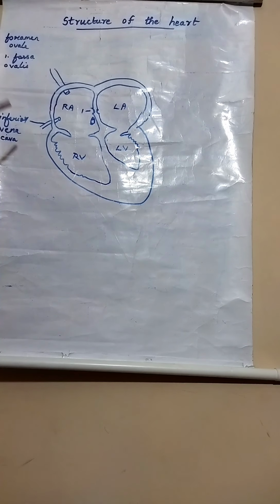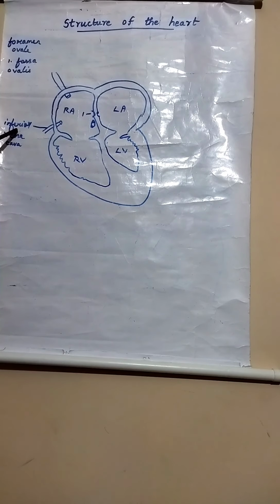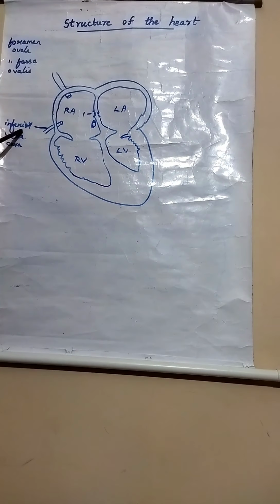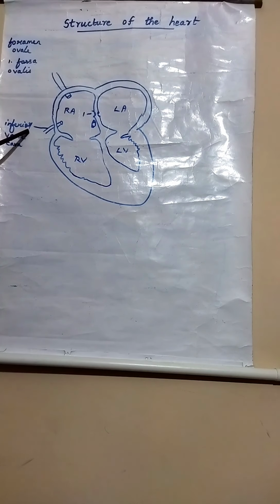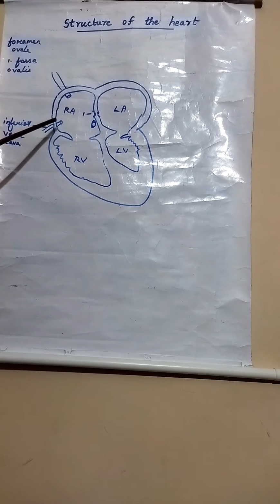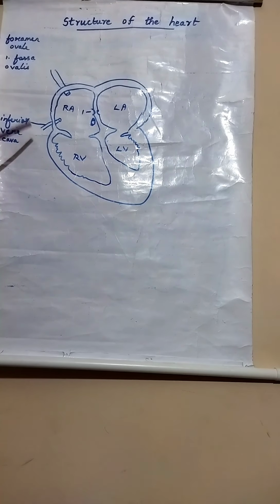So the deoxygenated blood from all the lower parts of the body is brought by the post caval vein or the inferior vena cava, and it will open into the right auricle. So this will come from all the lower parts.